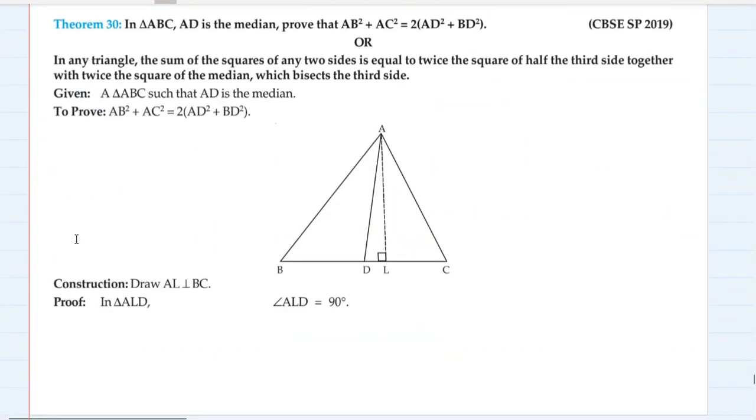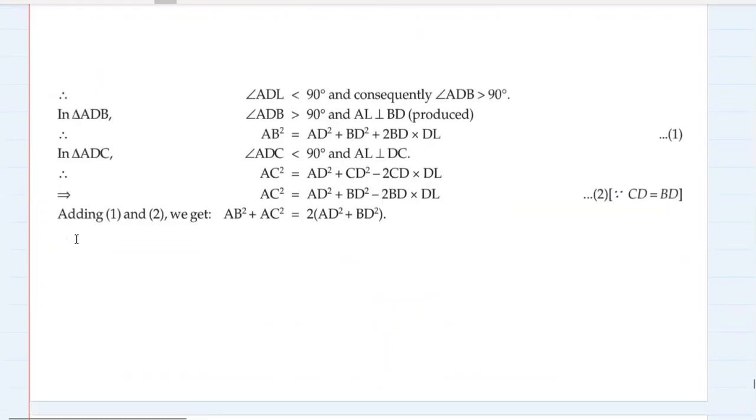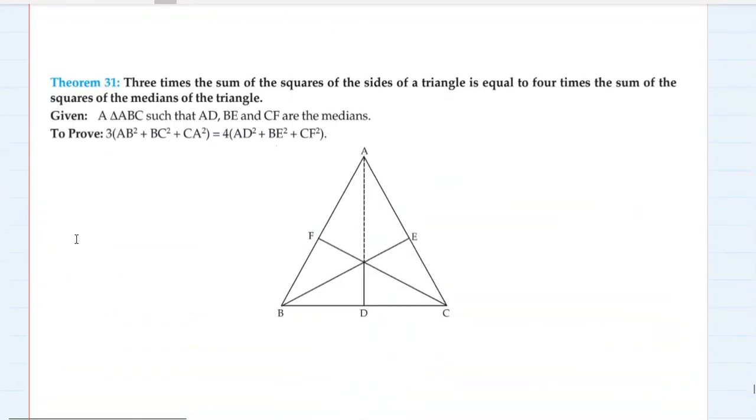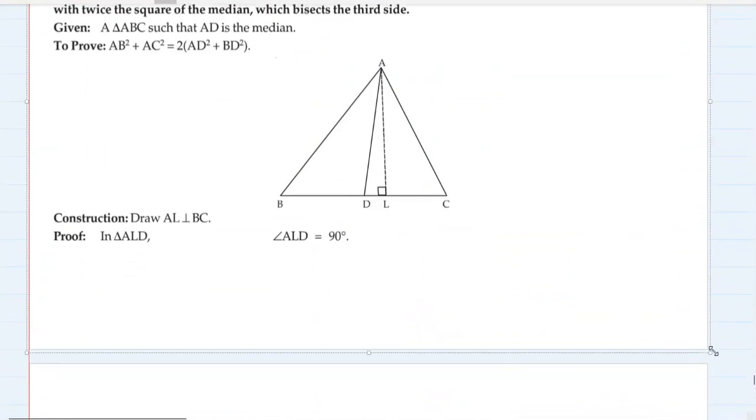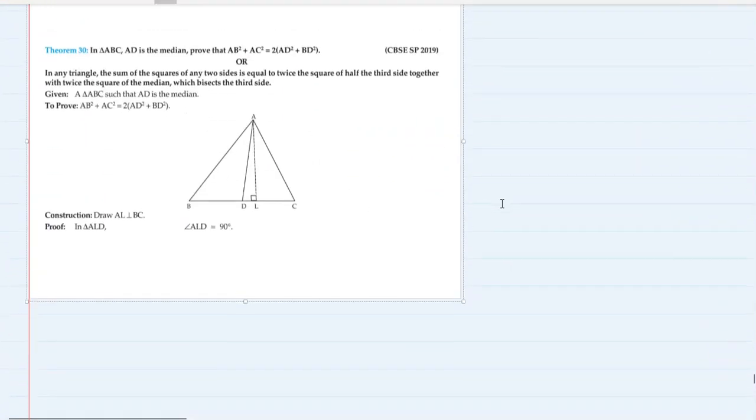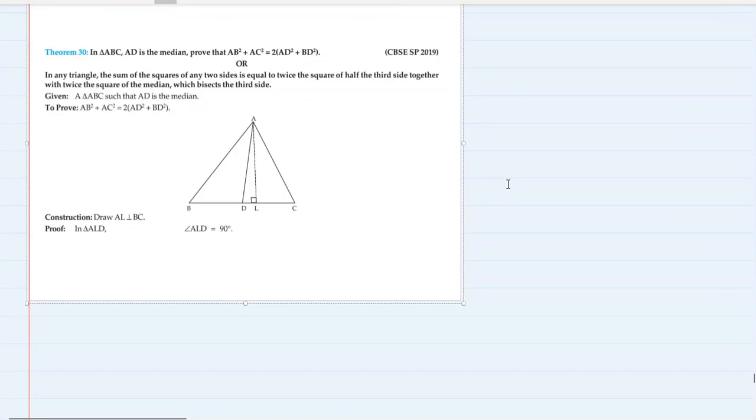Okay, so I think we have got two more theorems, theorem number 30 and 31. Let's see what theorem number 30 is. In triangle ABC, AD is a median. Prove that AB square plus AC square is equal to 2 times AD square plus BD square.